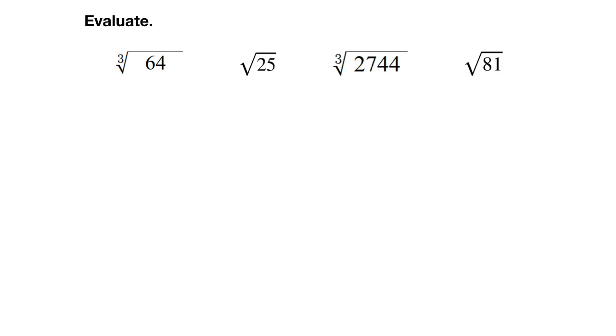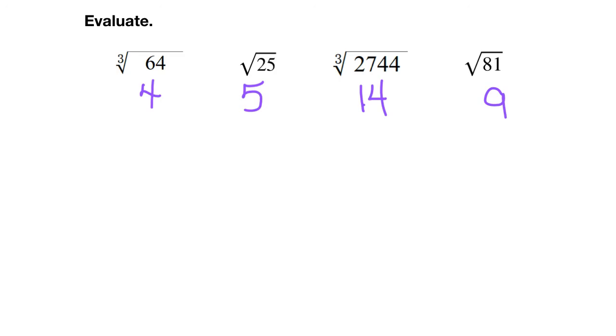The cube root of 64, again, that answer is 4. The square root of 25, we're looking for a number times itself to be 25, and that is 5. The cube root of 2,744, you can look on your chart, you can put it in your calculator, but the answer for that is 14. And the square root of 81 is 9, because 9 times 9 is 81.